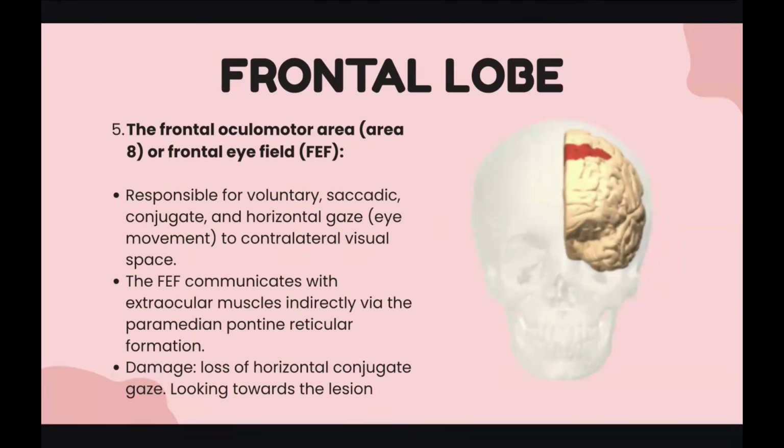So it helps communicate with extraocular muscles indirectly via the paramedian pontine reticular formation for you to move your eye voluntarily in specific rhythms or eye movements. You get me? And any damage to that area will cause the loss of that horizontal conjugate gaze, and it will fixate the eye towards the lesion.